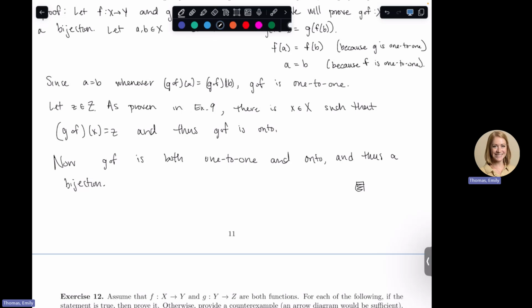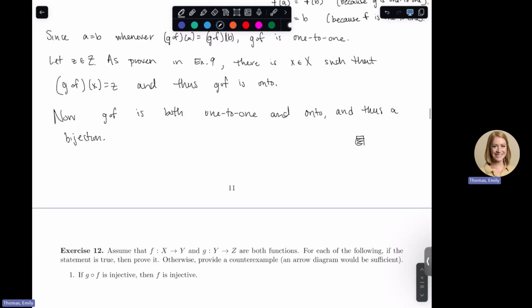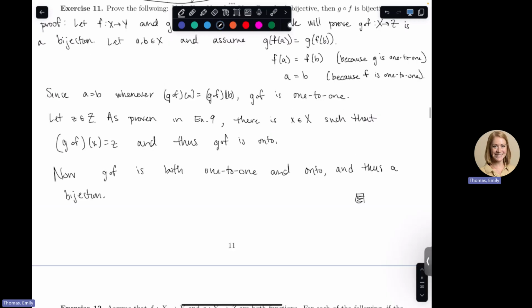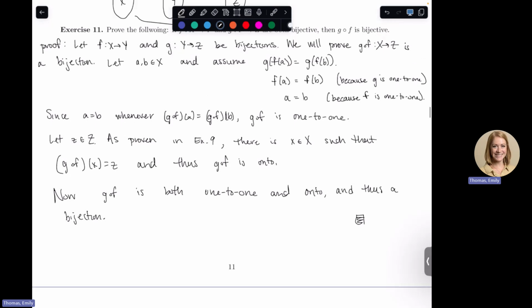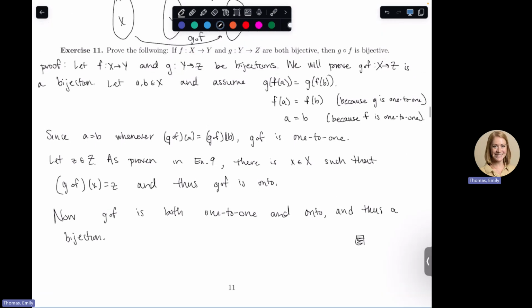Okay. Any other questions about page 11? Prove the following. Oh, Lord. How am I going to remember to see this? Ah! There we go.